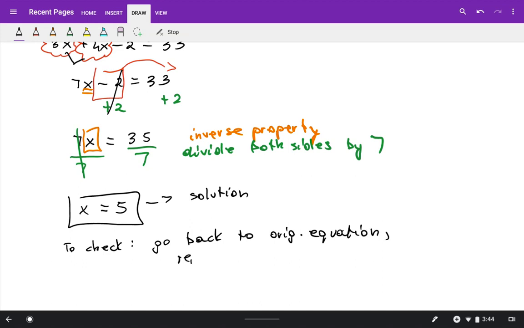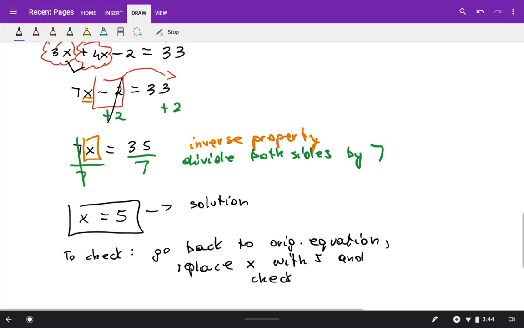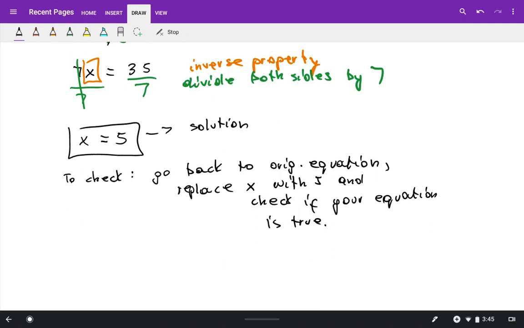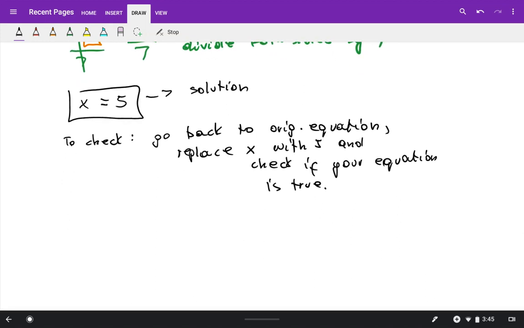Then you're going to replace x with 5 and check if your equation is true. I always mention to students that if you have enough time on a test to check your work, I will do it. But usually we're skipping that checking. Okay, so hopefully all the problems you guys solve correctly.